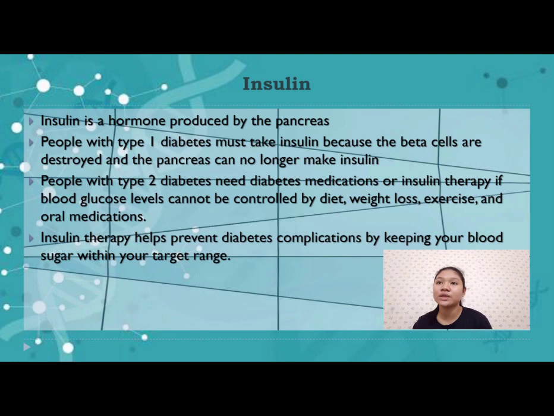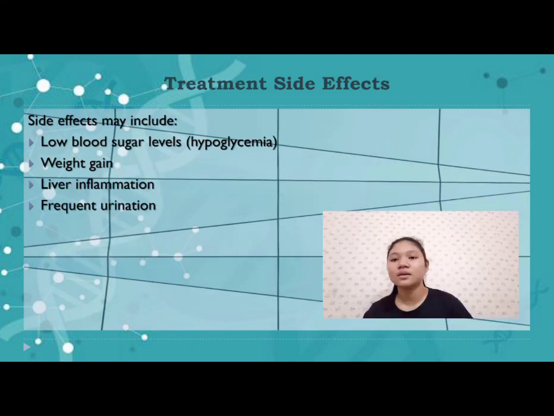When blood glucose levels cannot be controlled by diet, weight loss, exercise, and oral medications, type 2 diabetes may be managed with insulin. However, this treatment brings many side effects such as low blood sugar levels, which is hypoglycemia, weight gain, liver inflammation, and frequent urination.